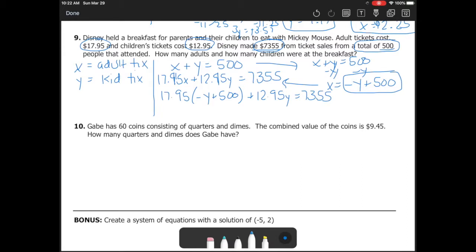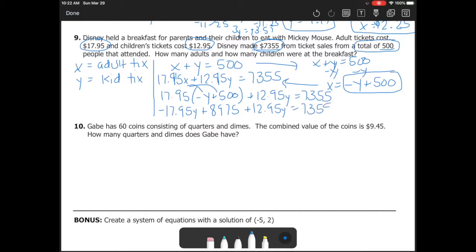And then I'm going to have to do the distributive property here. Negative 17.95y, and 17.95 times 500 is 8,975, plus 12.95y.